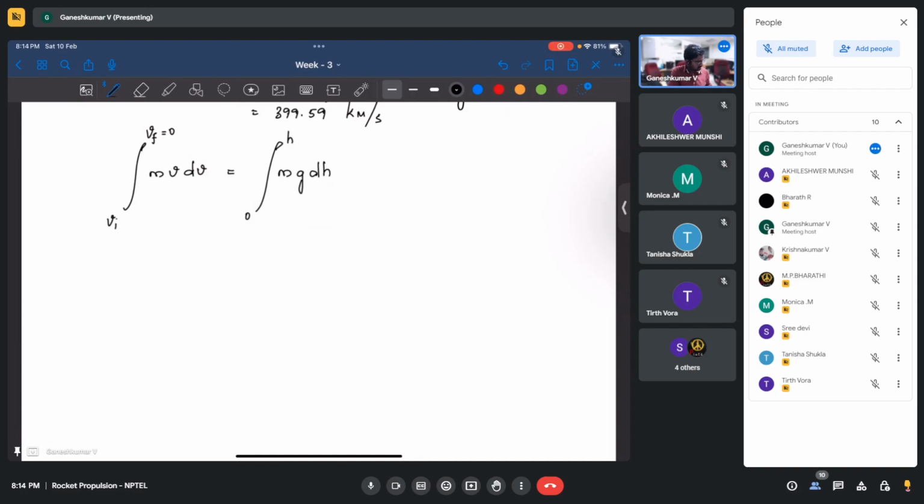Sometimes it is not on top of my head, but potential energy can be written as, so this can also be written as integral of Re to R, which is Re plus h, of G Me m by r square dr, right?